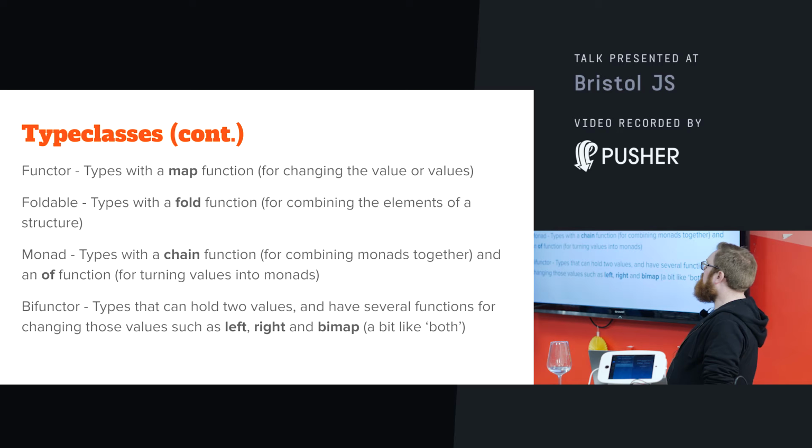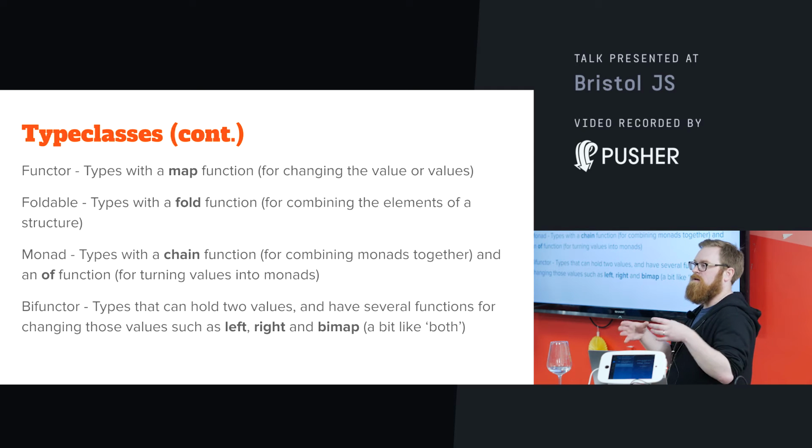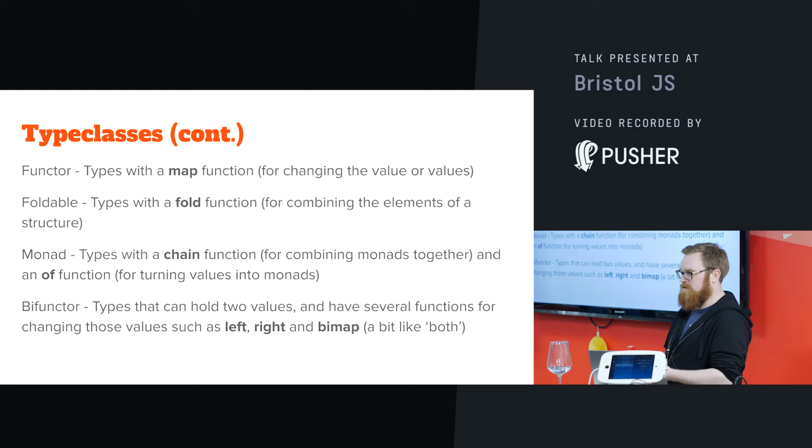So, functor. Any type which implements the function map, and it's not quite the exact terminology, but this is broadly what we're getting onto. Any type that implements the function map is a functor. Okay? And what map does, if you think of what map does to a list, is it's a function that's run against every element of the list.